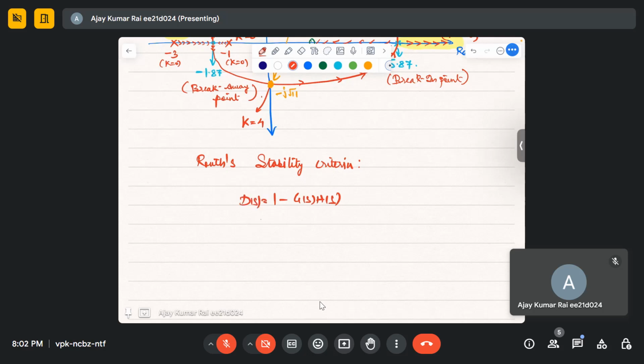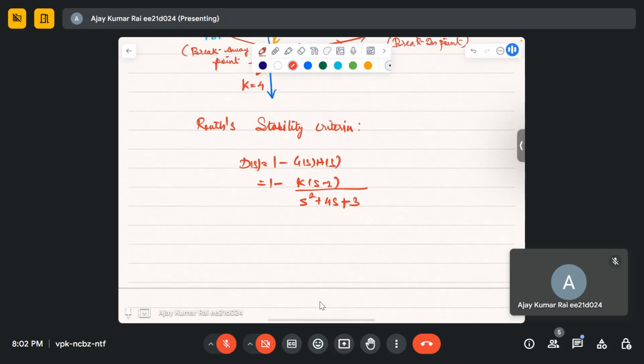Let me quickly do this. k into s minus 2, s square plus 4s plus 3 minus ks plus 2k equal to 0. Let me simplify this again. What you'll get is s square plus (4 minus k) s plus (3 plus 2k), and one piece of information we have is k is greater than 0.